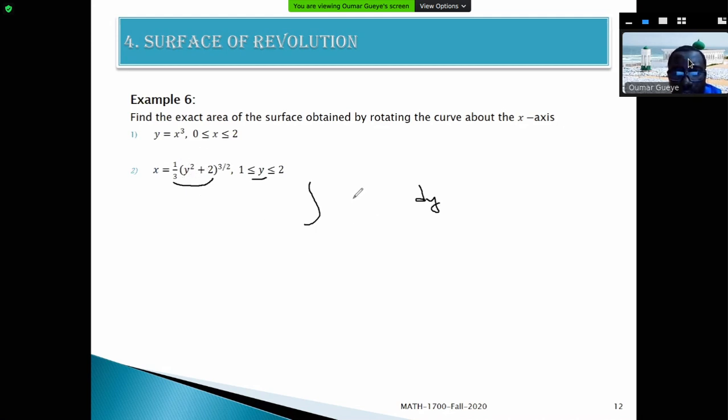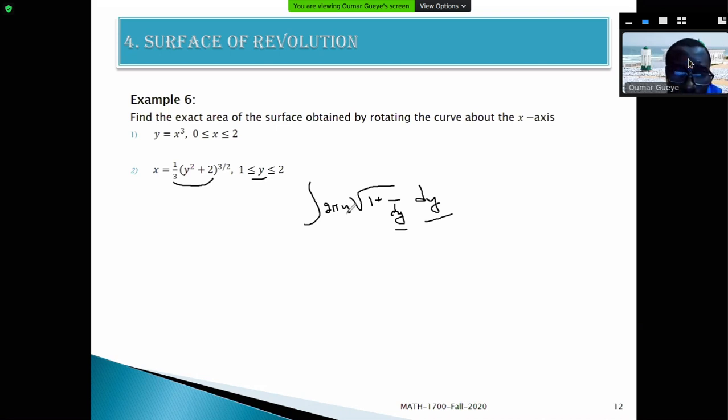And under the square root, it should be 1 plus, since it's in terms of y, my derivative should be in terms of y here. It's going to be dy at the bottom because my function is in terms of y. Now you have 2 pi, and since we still have the same axis of rotation as the previous one, it's going to be just y, like the first one.